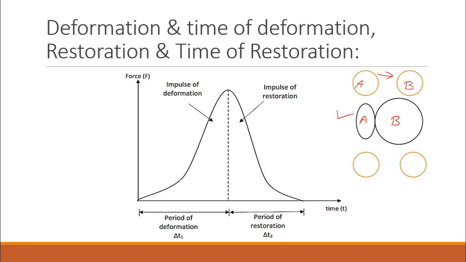There is some change in shape of particle A, and also particle B. This is the deformation, and after impact takes place, they again regain their original size and shape. This is your restoration. By this graph we can see from time 0 up to time t, maximum deformation takes place, and after that the restoration process starts and it again comes to its original shape.